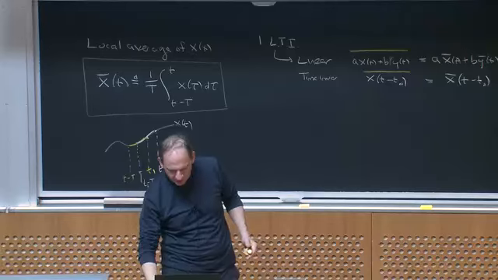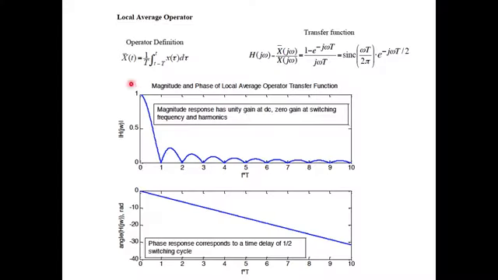Here's what the filter transfer function looks like. Here's the operator definition in time domain. Here's what it looks like in the frequency domain. What we can see is that at low frequencies, near DC, it has a gain of 1. It passes through the low frequency content.